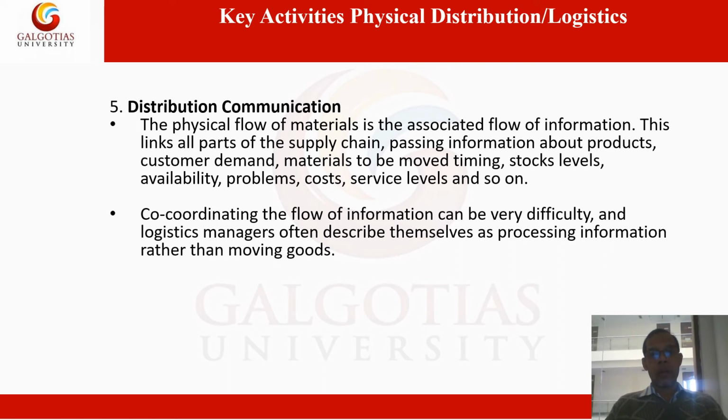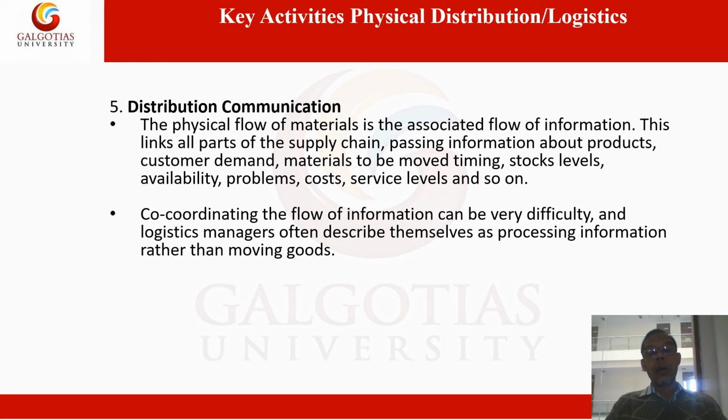So information is very important. Information flow is both ways, from customer reaching to the supplier, and information flowing from supplier to the manufacturer, and manufacturer to the retailer. So physical flow of material is associated with the flow of information. This links all parts of the supply chain, passing information about the product, customer demand, materials to be moved in time, stock levels, availability of material, not only finished good but also raw material, problems, cost, service level, and so on.